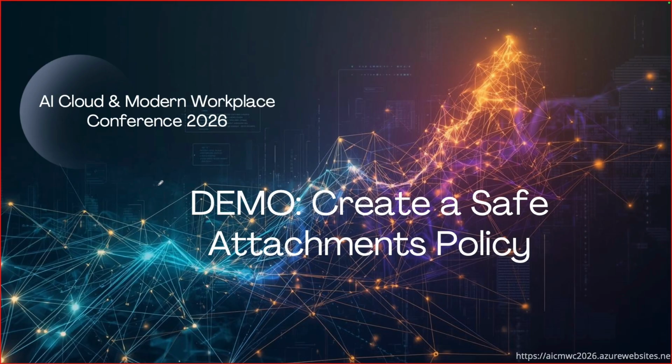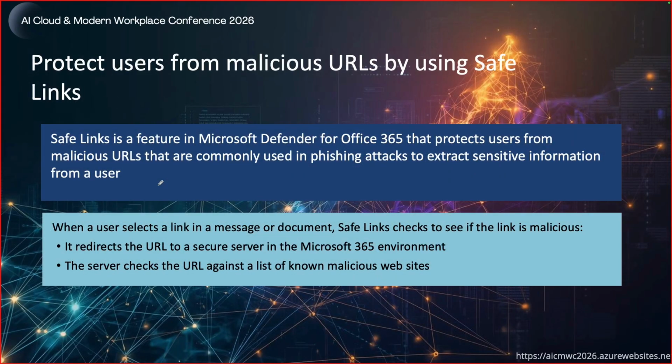Okay, so let's move on to the next one, which is the safe links protection in Microsoft Defender for Office 365. What is this? Safe links is a feature in Microsoft Defender for Office 365 that protects users from malicious URLs that are commonly used in phishing attacks to extract sensitive information from a user.